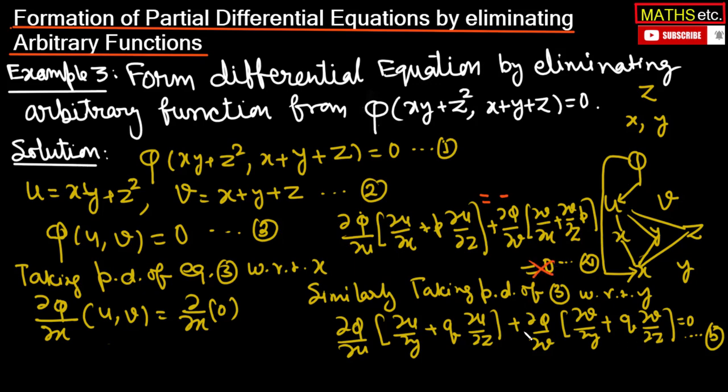Okay, in the second term this goes on the right hand side, so equality comes here, and this plus symbol becomes minus. Now we're dividing equation number 4 by 5, left hand side by left hand side, right hand side by right hand side.